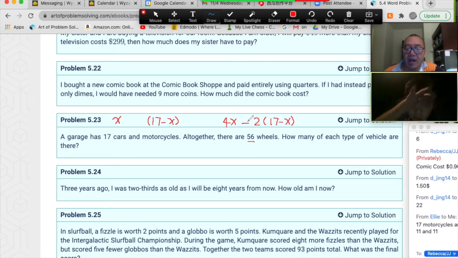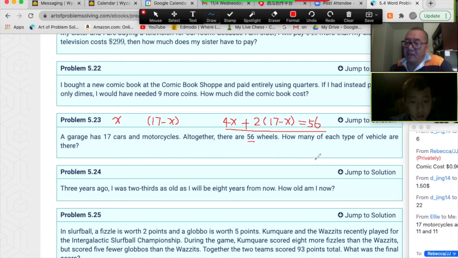Then you add these two numbers together, you get 56, right? So this is the equation you get here. Now solve this equation. You get the number of cars, that's X. Then 17 minus X gives you the number of motorcycles. So everybody solve this equation.